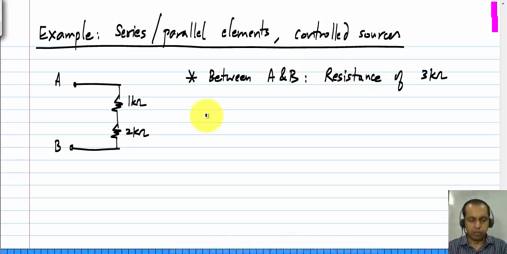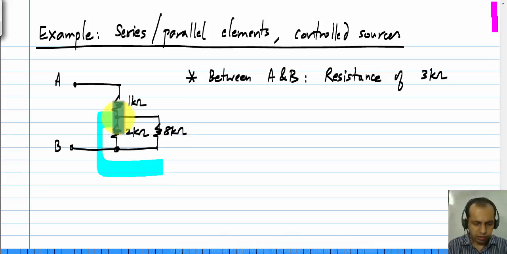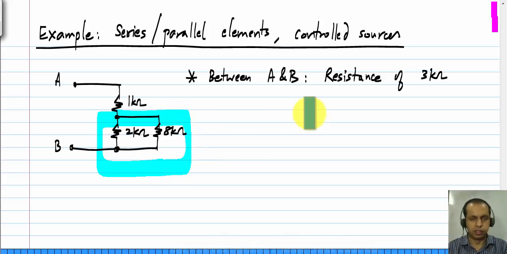Now we could complicate this circuit by having another resistance in parallel. Okay. So again, there are a number of ways to solve this, but the easiest is you recognize that we have a parallel combination here.